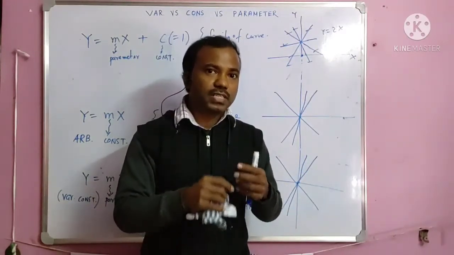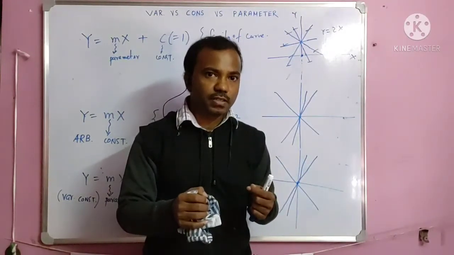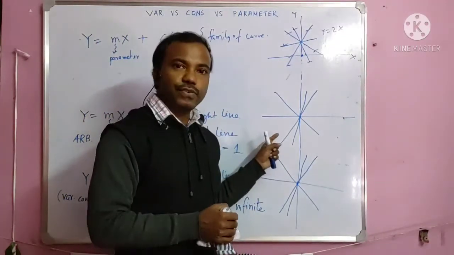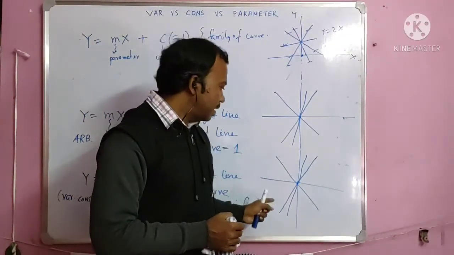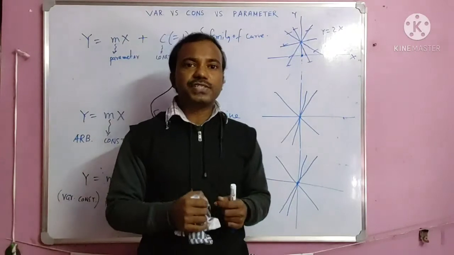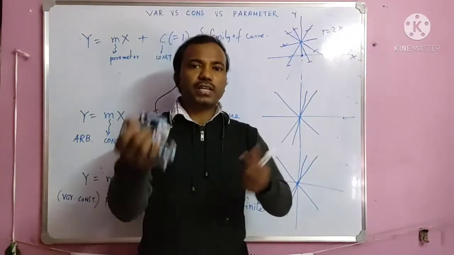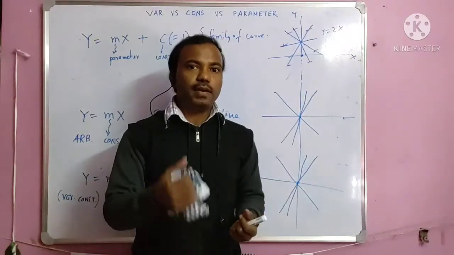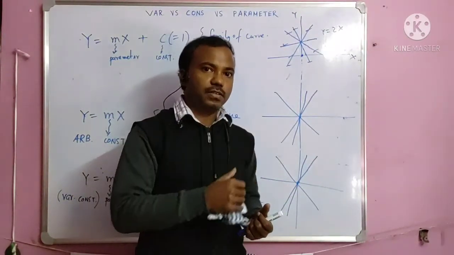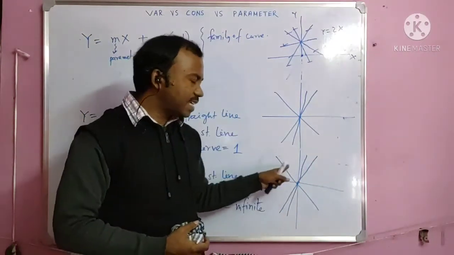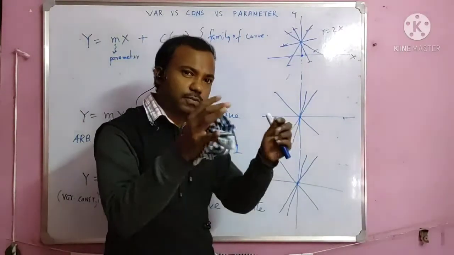So the situation becomes arbitrary. That is scenario number 2. And in scenario 3, the teacher calls that everyone come with me. So everyone will come with the teacher. The teacher is taking all the students, all the curves together.